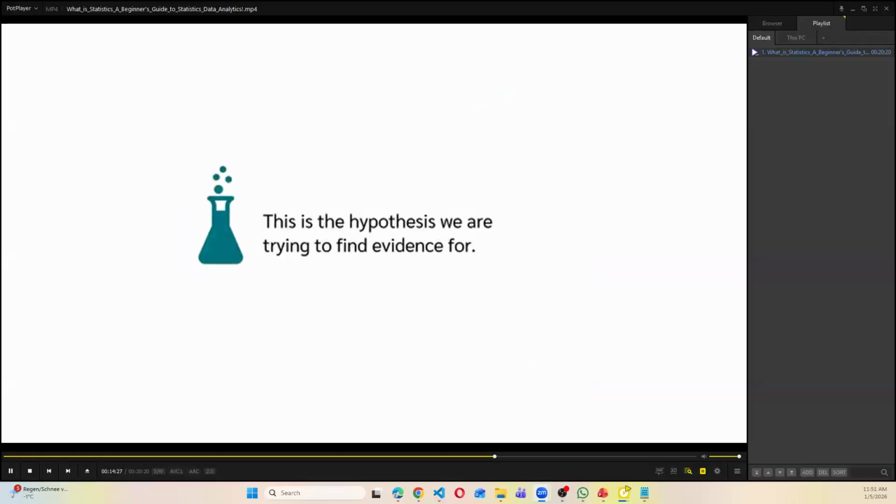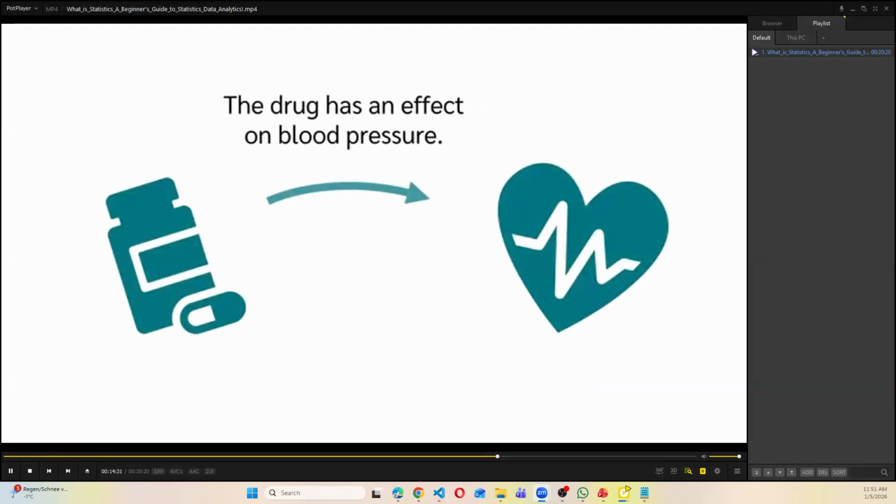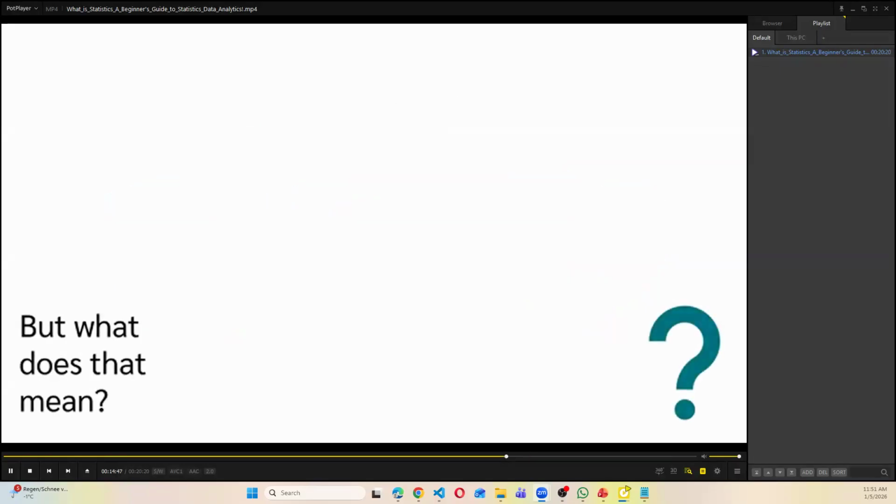This is the hypothesis we are trying to find evidence for. In our case, the research hypothesis is that the drug has an effect on blood pressure. But we cannot test this hypothesis directly with a classical hypothesis test. So we test the opposite hypothesis, that the drug has no effect on blood pressure. But what does that mean?